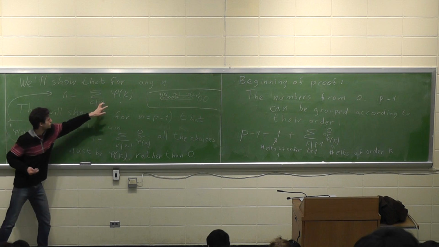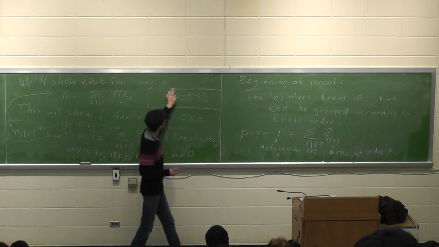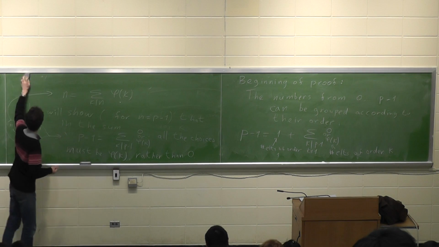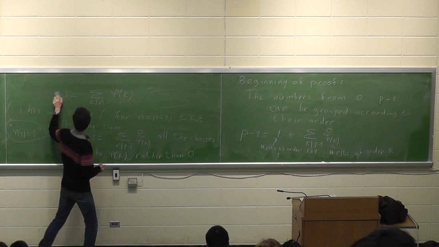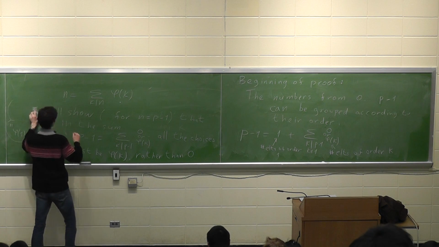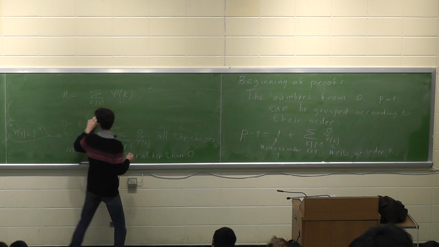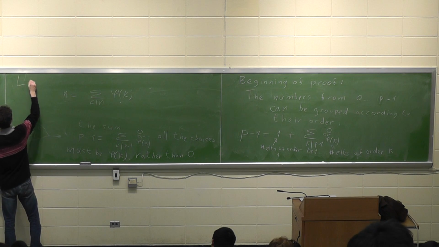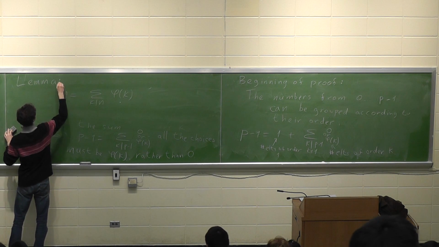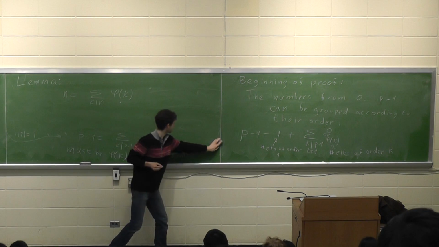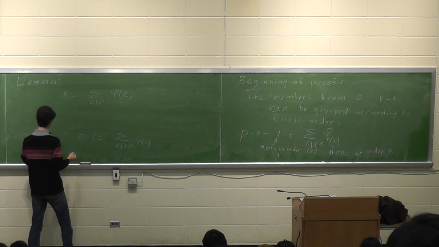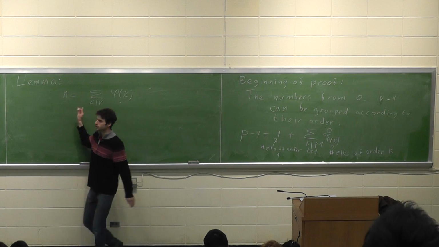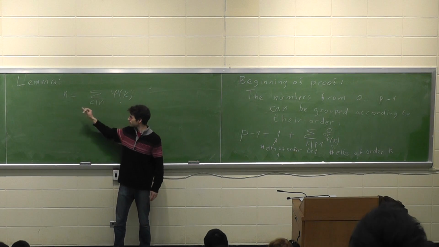So maybe let's try to prove this identity. It's a simple combinatorial identity that requires a slightly different combinatorial argument. Let's say that it's a lemma. Here we prove this identity.